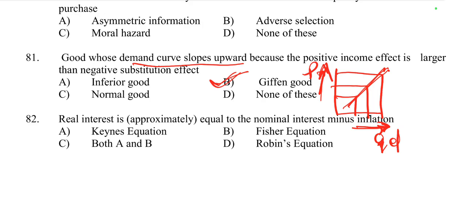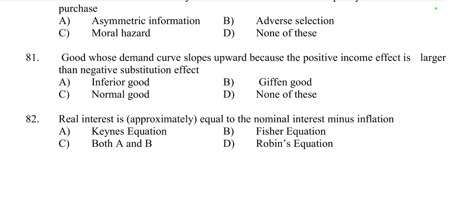This occurs because the positive income effect, where the consumer feels poorer and buys more of the cheaper staple goods, outweighs the negative substitution effect, which would typically cause consumers to substitute away from the more expensive goods. The right option is option B.